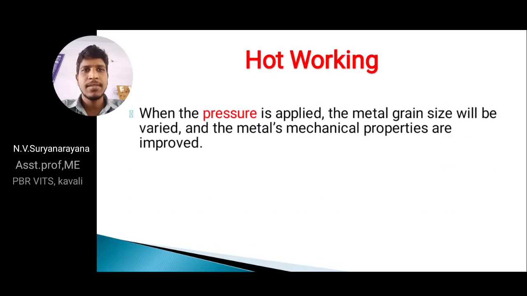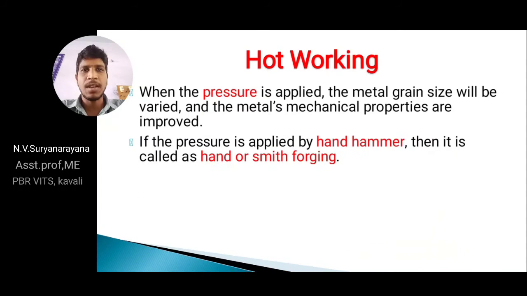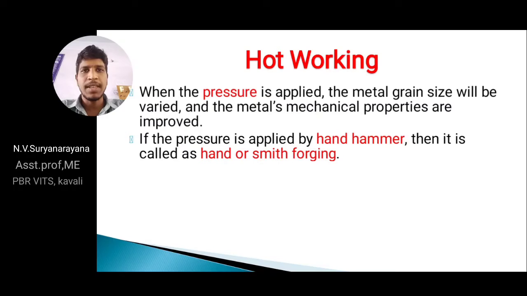Next, when pressure is applied, the metal grain size will vary. The metal's mechanical properties are also improved. After that, applying certain pressures on the particular element while the material is preheated, mechanical properties like surface roughness, toughness and finishing are also improved.